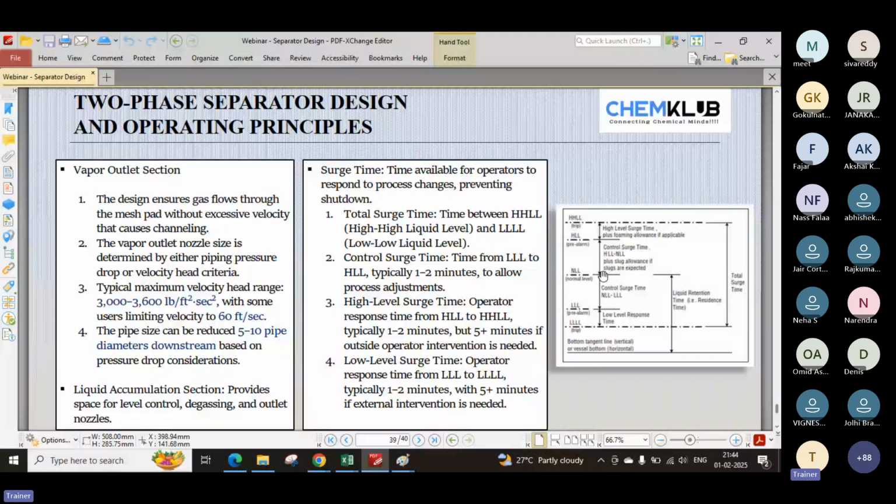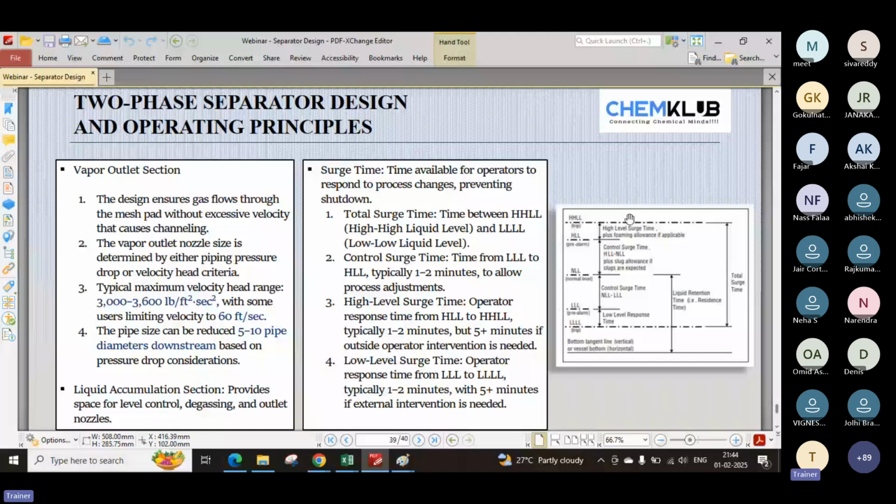High liquid level is above the normal one, and it gives the operator an alarm that something is different, or some liquid is going high, maybe because of a pump trip or the outlet liquid control valve or the downstream valve has been closed. If the liquid level rises even higher, at high high liquid level it creates a trip, or closing of the inlet device or inlet control valves.